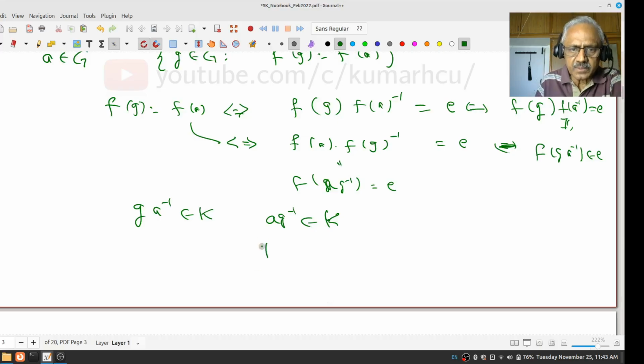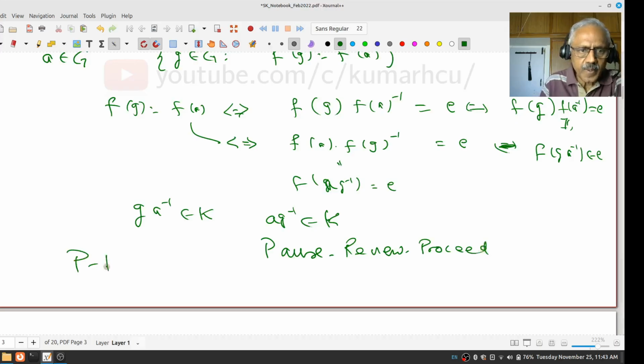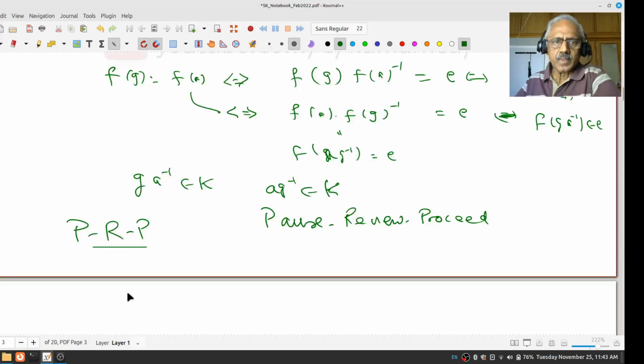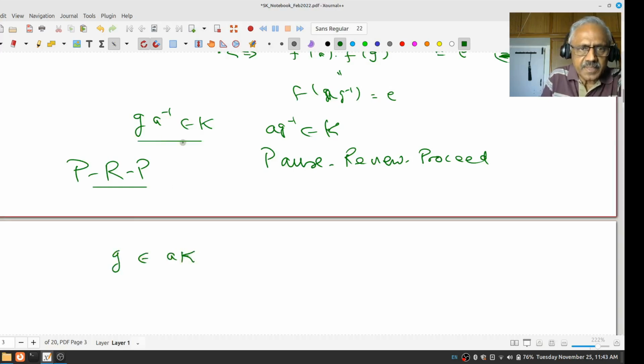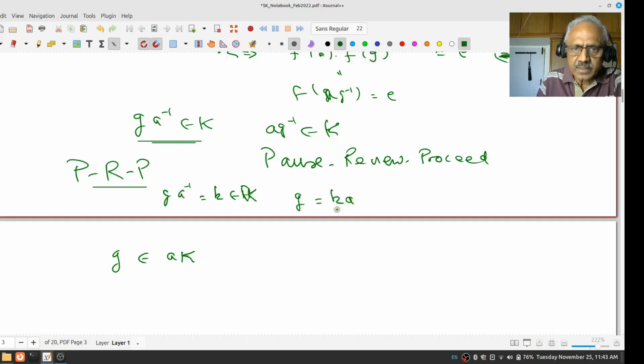So that means my g must be in Ka. g a inverse belongs to K, that means g a inverse equals some k in K. Therefore, multiplying both sides by a, g equals k a, which is in Ka.